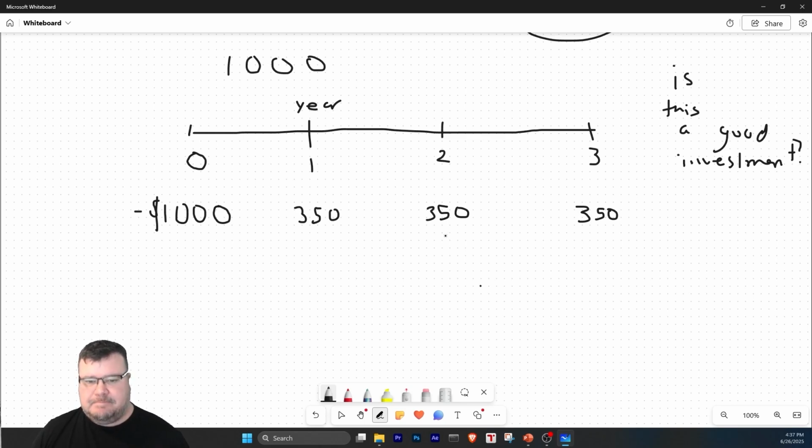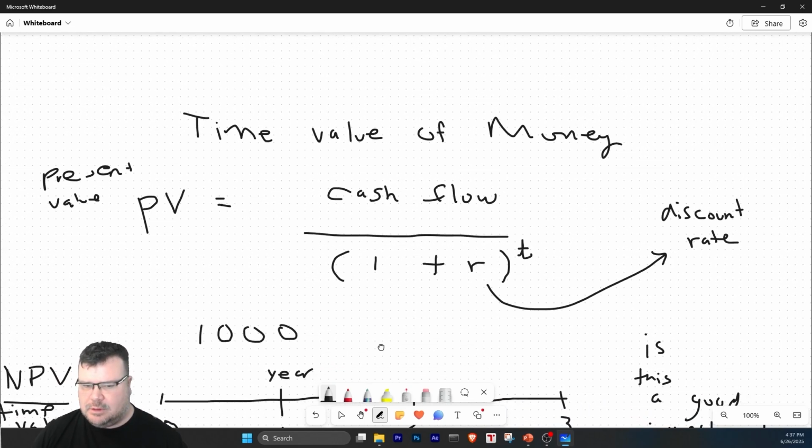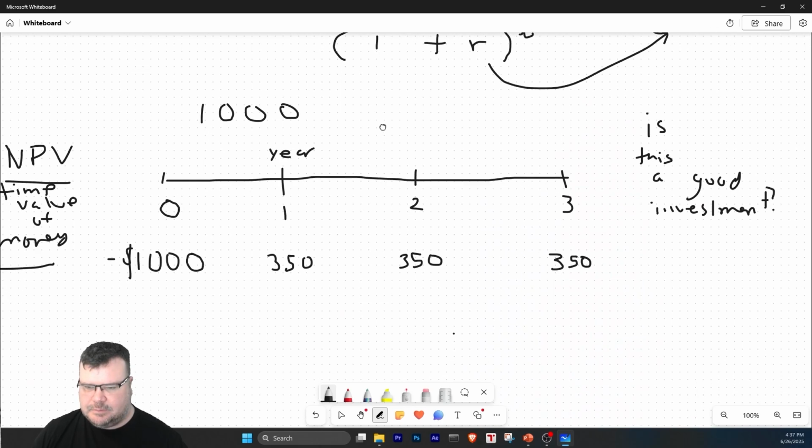Okay? Net present value says, let's look at the time value of money before we make a decision here. So we had the equation for present value.